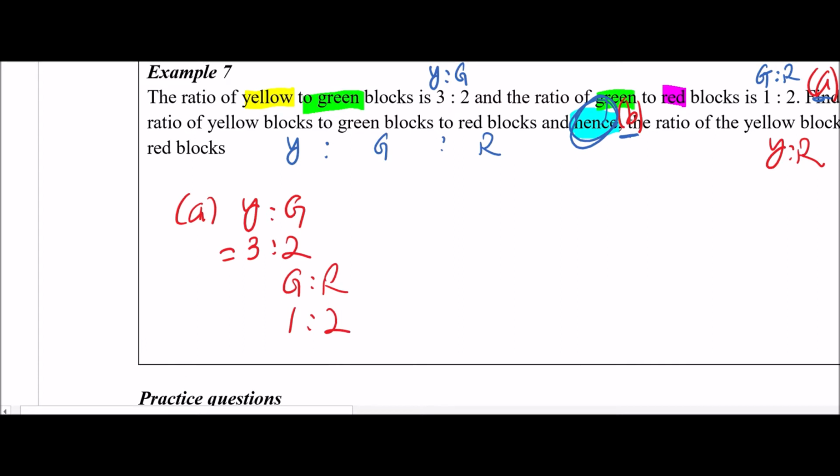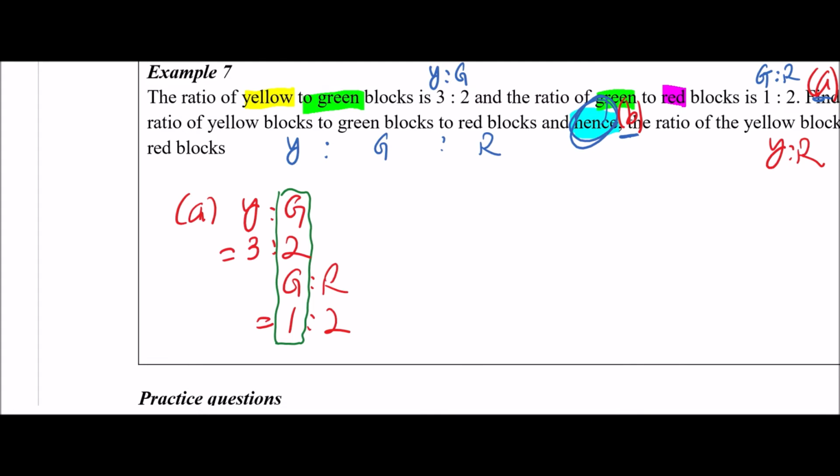Do you realize that I purposefully wrote the second ratio slightly to the right? What am I trying to do here? I'm trying to align the green color to the green color. Notice that for the green blocks, we're referring to the same items.